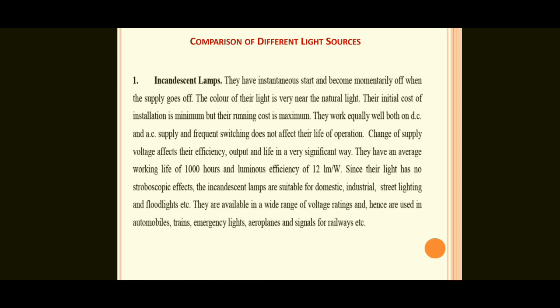They are available in a wide range of voltage ratings, the minimum being 3 volts, and hence are used in automobiles, trains, emergency lights, aeroplanes, and signals for railways, etc.